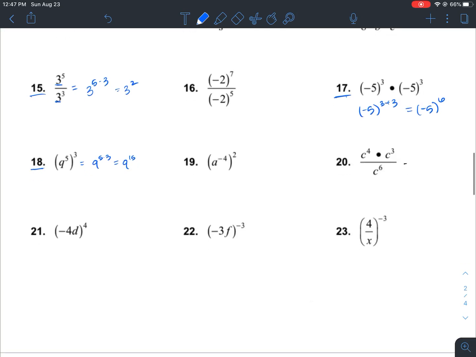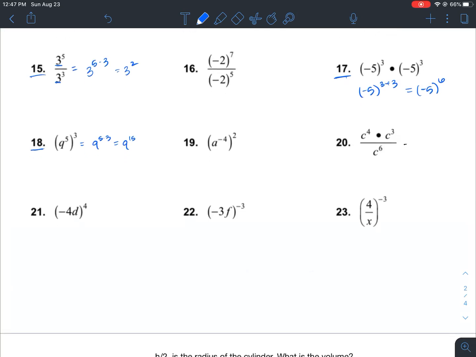So let me break this down again like we did with the other ones. What we're saying here is that we're multiplying q to the 5 three times. So q to the 5 times q to the 5 times q to the 5.